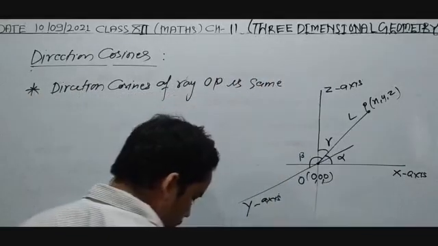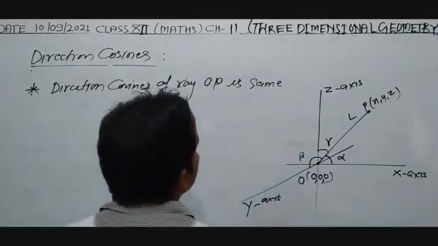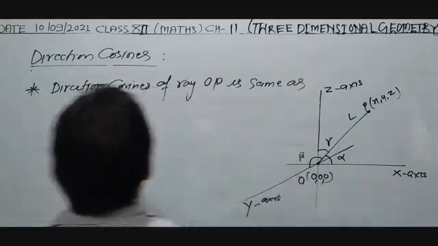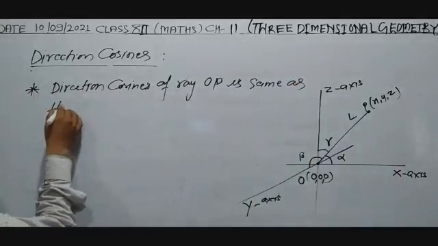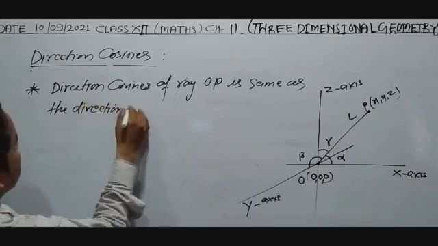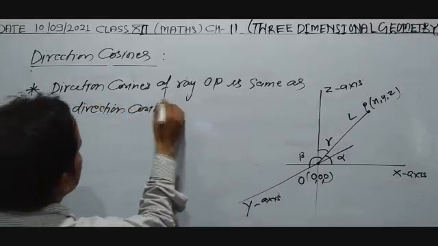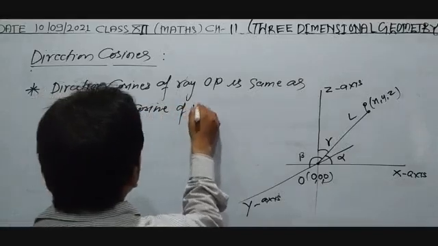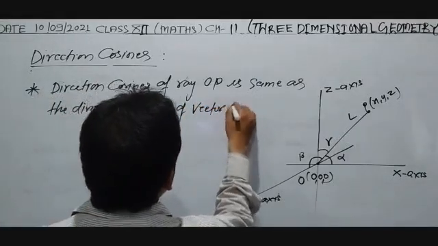is the same as the direction cosine of vector OP.